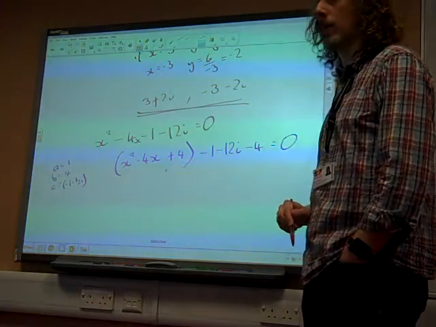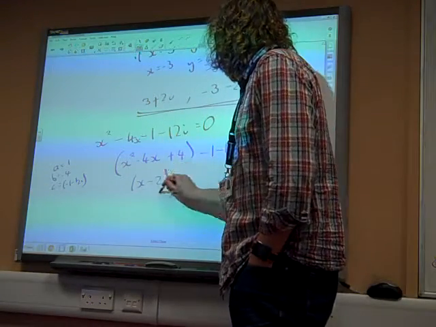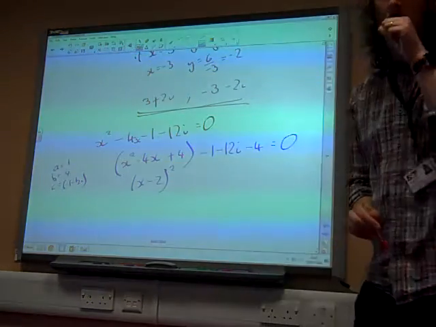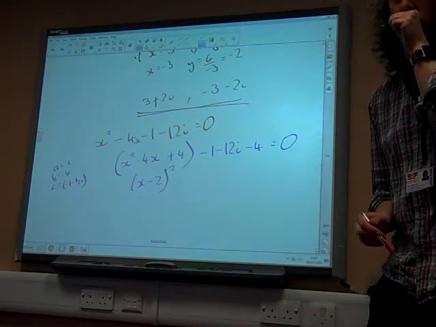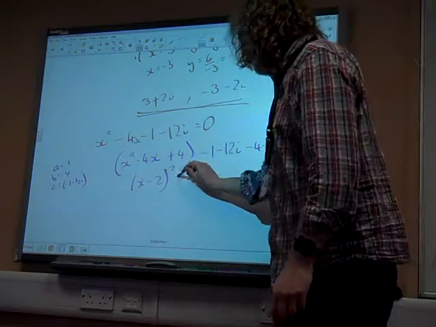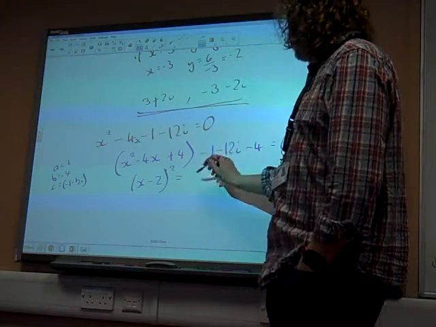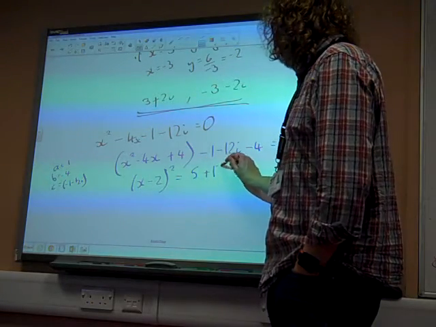It's all equal to 0. This gives us x minus 2 all squared, at which point we're going to throw everything over to the other side, and we'll be met by not much of a surprise, because we're going to have 5 plus 12i.